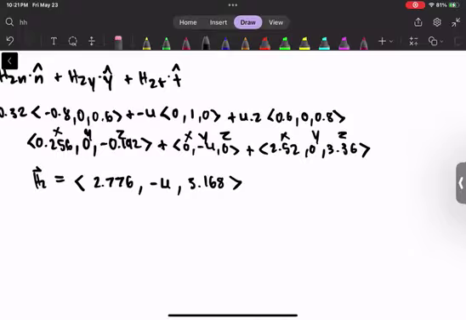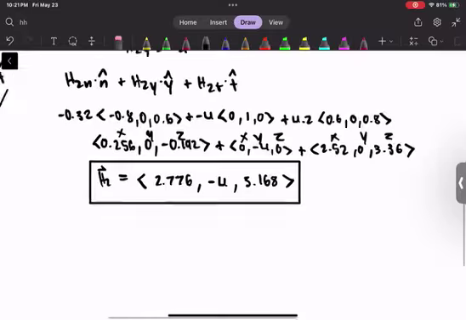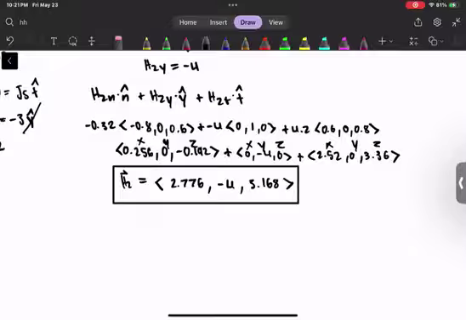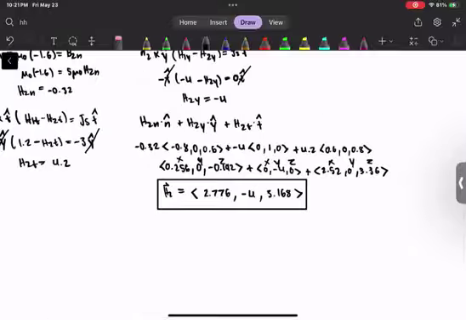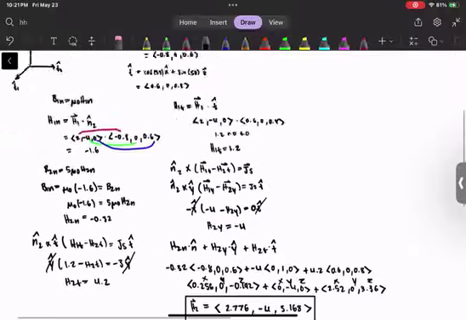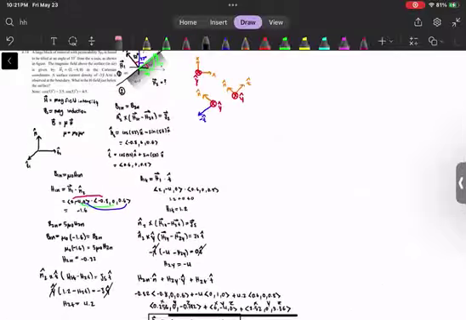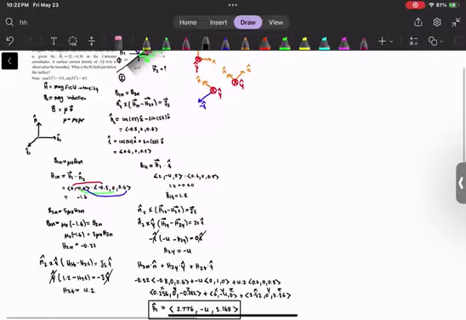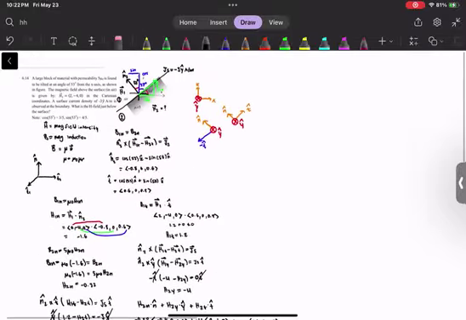You can simplify as much as you want, but this is the correct answer for this problem. We found the H2 vector, and this was solved using Maxwell's equations and solving for each component algebraically, in contrast to the matrix determinant method. But yeah, that is our boundary condition problem.